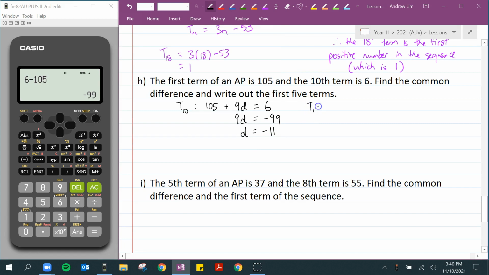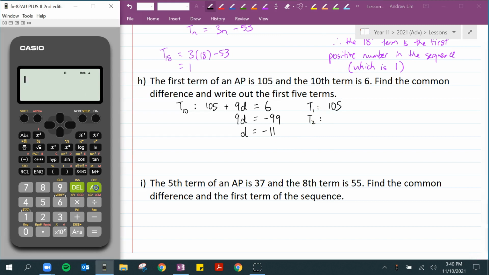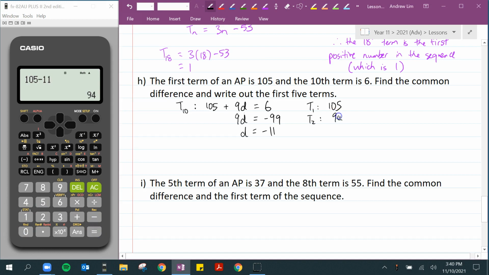So for the first 5 terms, T1 is going to be, well, we know that's 105. T2, well, now we're subtracting 11 each time. 105 minus 11, 94. Minus 11, 83. 72. 61.